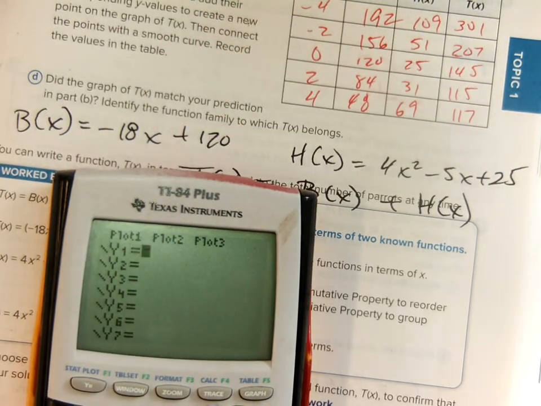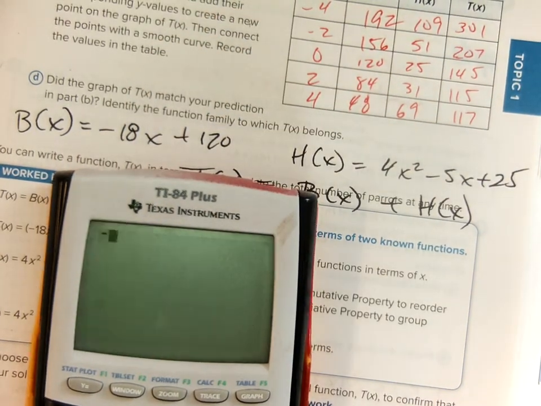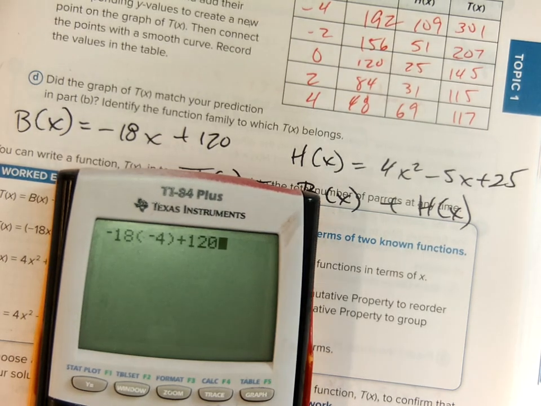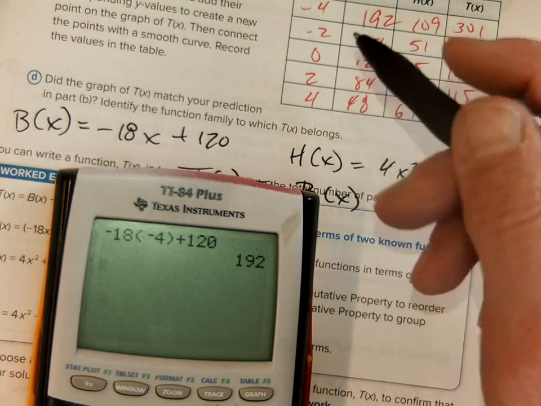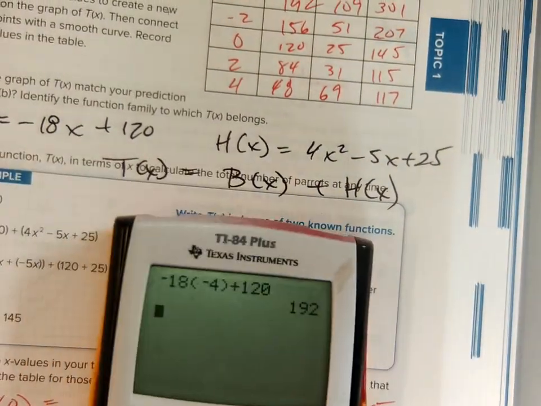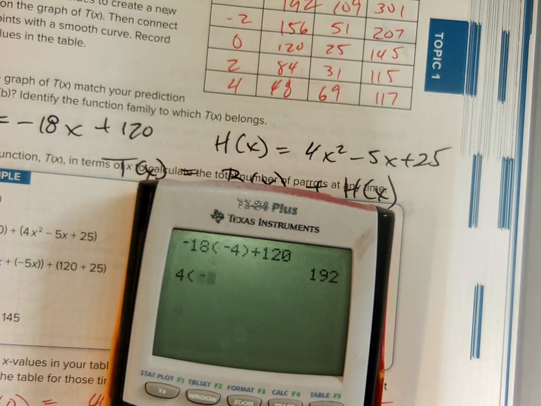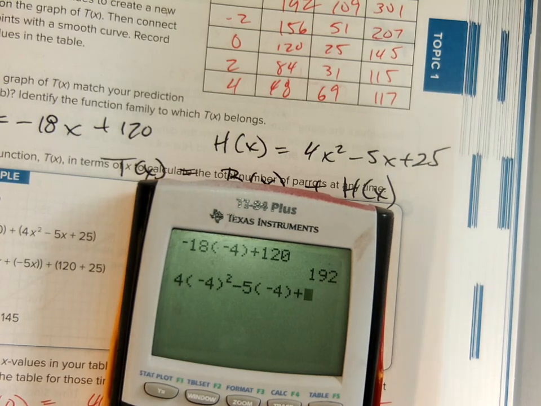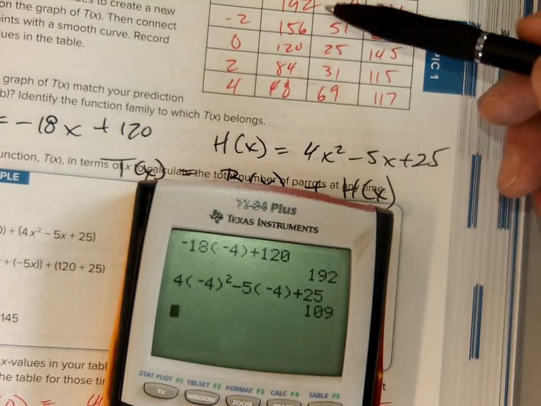I went -18 times -4 plus 120, and I get an answer. And then I plugged the -4 into the other function, so the same thing: 4 times -4 squared minus 5 times -4 plus 25, and I got an answer. And then I added the two graphs.